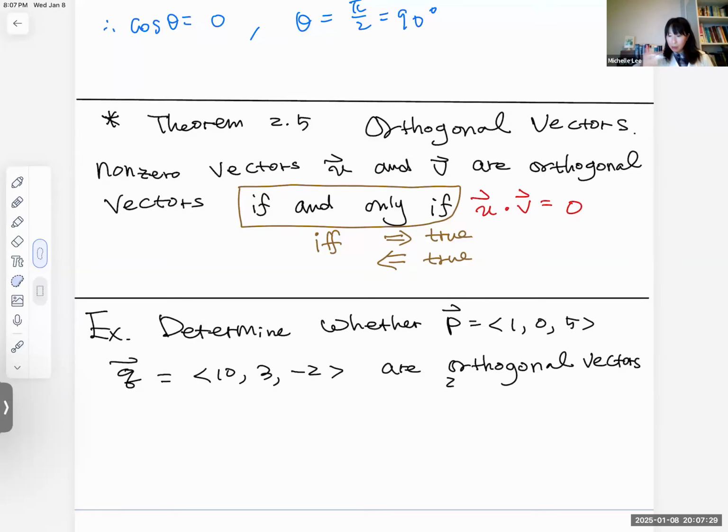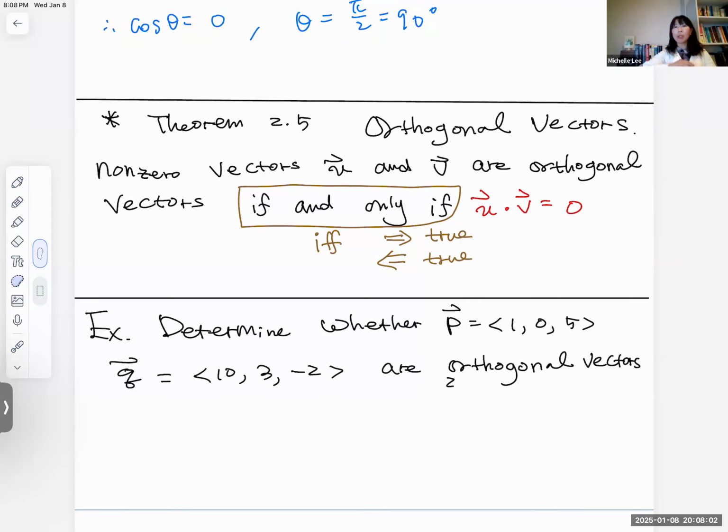Okay, so I made a copy and paste here. So theorem 2.5, orthogonal vectors: non-zero vectors U and V are orthogonal vectors if and only if the dot product of the two vectors equals 0. So if and only if, we went over that in the first section, right? So go in this direction, it makes a true statement.